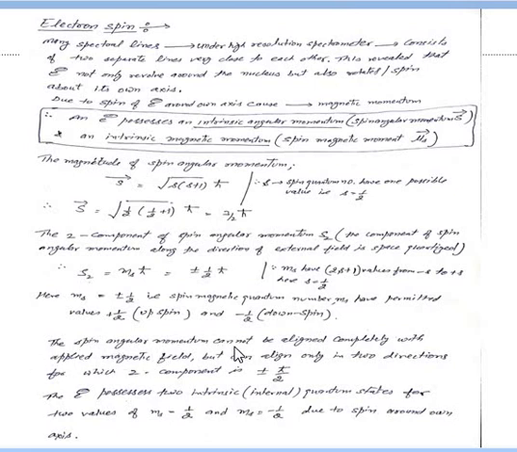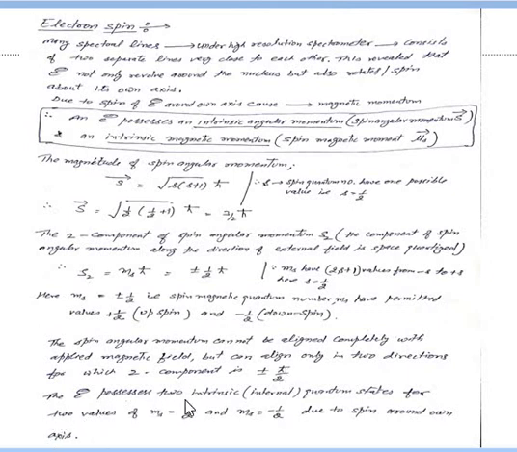So the spin angular momentum cannot be aligned completely to the applied field. Suppose we are applying the field along the z axis. The spin angular momentum will not remain completely aligned in the z axis, but can align only in two directions of the z component, and they are plus and minus half h cross.